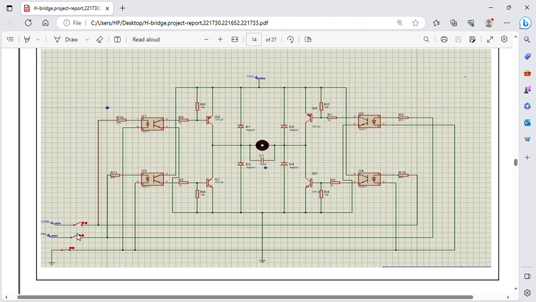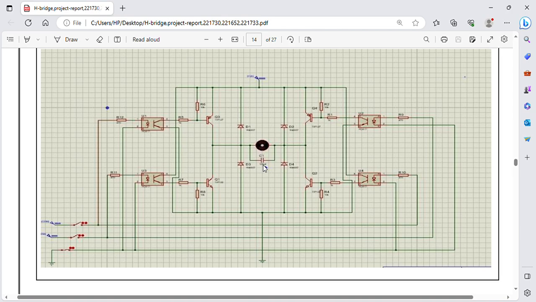And if we turn on this switch and turn off this one, then the 5 volt is applied here and also here. Then both the optocouplers are in on state, and this part of the circuit and this part of the circuit are in on state. The current will flow in this path, and the motor moves in counterclockwise direction, and the current is then grounded from this side.